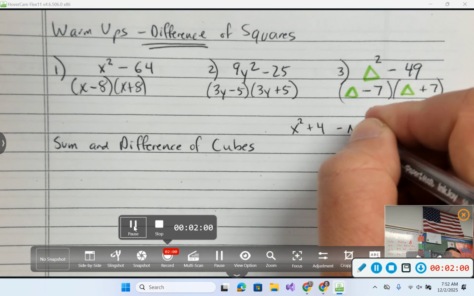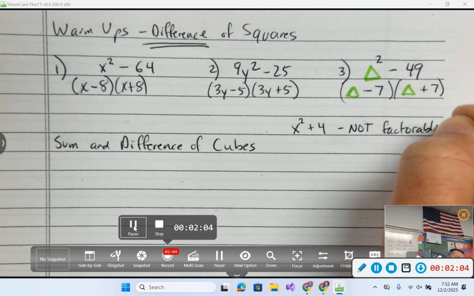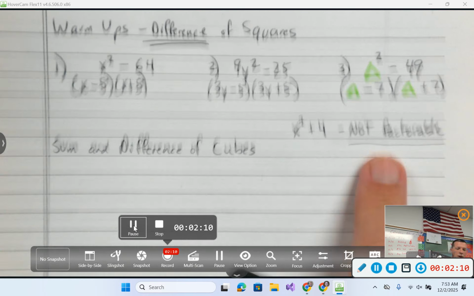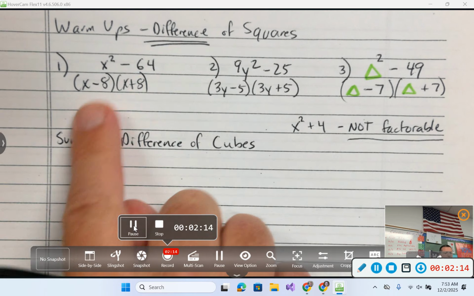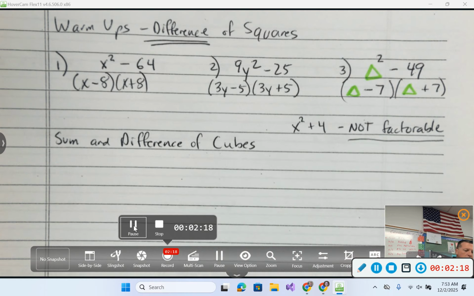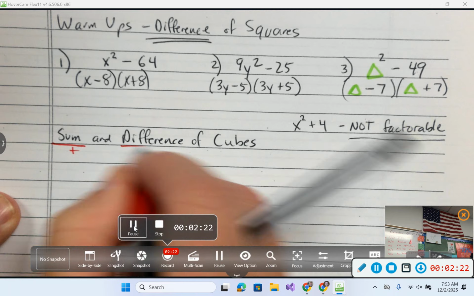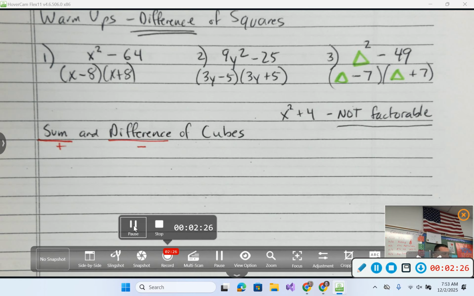That's not factorable. And there are a few on today's worksheet that are not factorable. So make sure you know that, so when you're getting frustrated and you're like, I can't figure this one out, well, maybe it's because it won't factor. So with squares, it has to be a difference. But with cubes, it can be a sum or a difference. So there's a big difference already between dealing with squares and cubes.